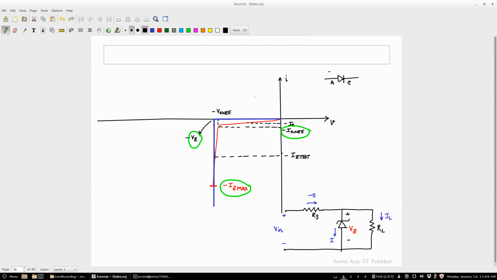Because the voltage here is the voltage across the Zener. This is the anode and cathode, right? This voltage V is the voltage drop. Is that voltage, right? This. That's that voltage.